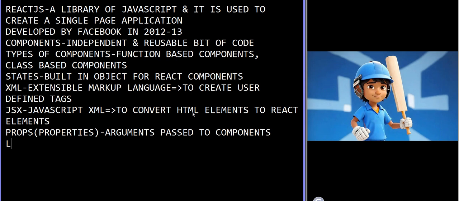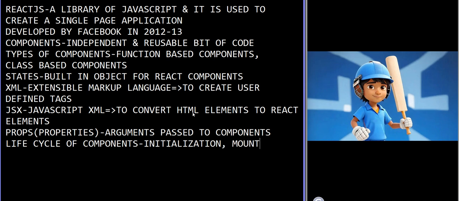Then we have the components life cycle. So we will see the life cycle of components. First one is initialization, then mounting, then we have updating, then we have unmounting.